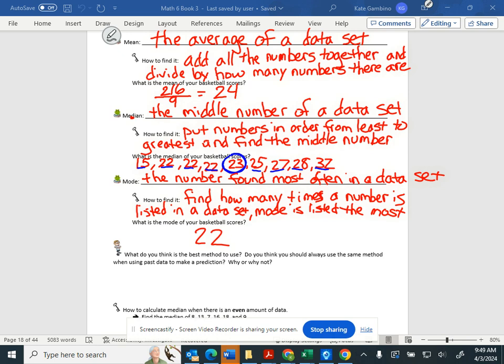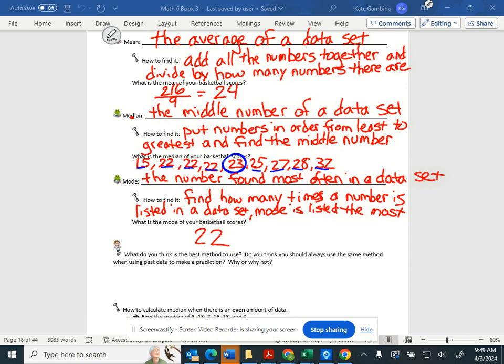What do you think is the best method to use? Do you think you should always use the same method when using past data to make a prediction? Why or why not? So what do you think is the best method to use: the mean, the median, or the mode? What are your thoughts?